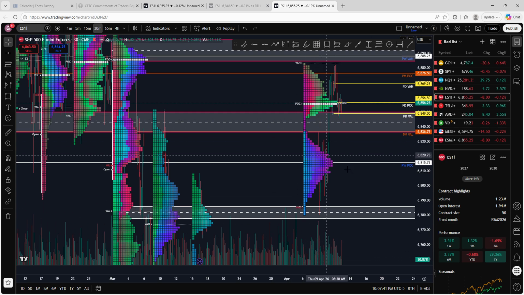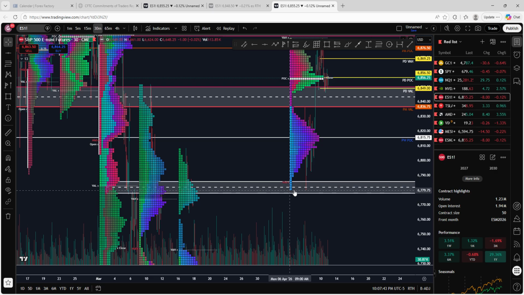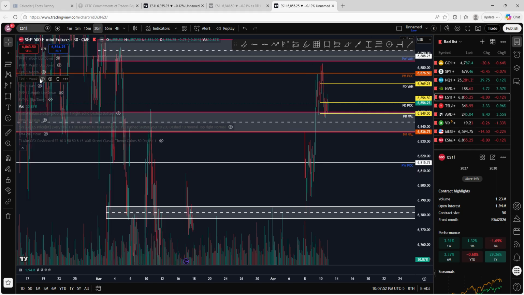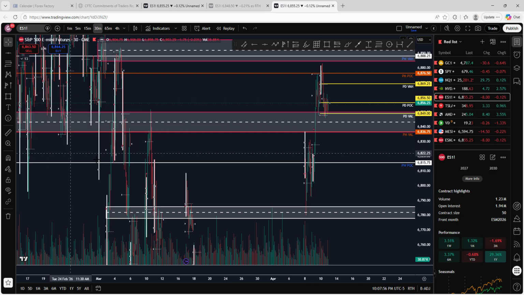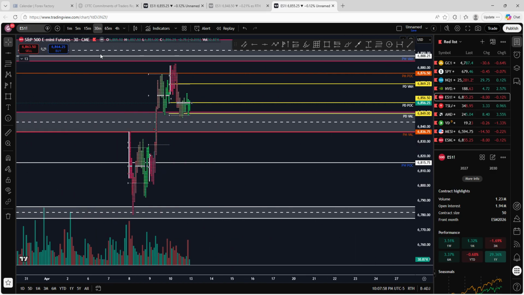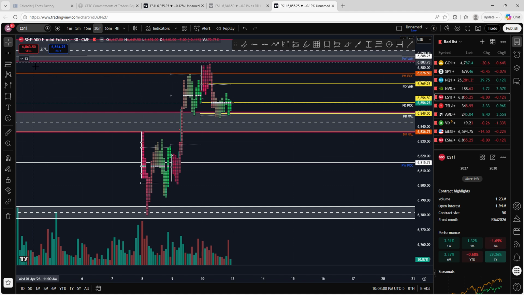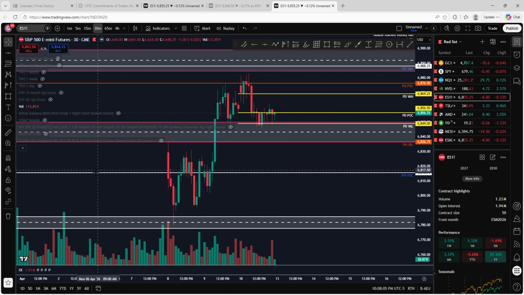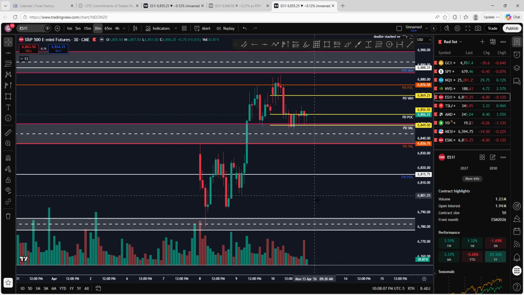Single prints is something that I'll pay attention to. Excess like this, single prints here, right? That's something that I'll pay attention to. But really what I mainly use the TPO for these days, to be 100% honest with you, is the dailies. That's what I like to pay attention to, the dailies.